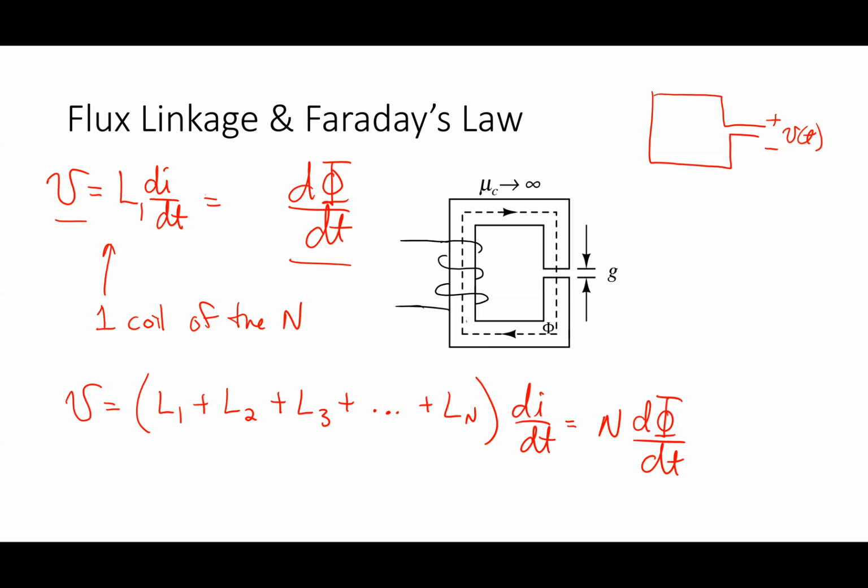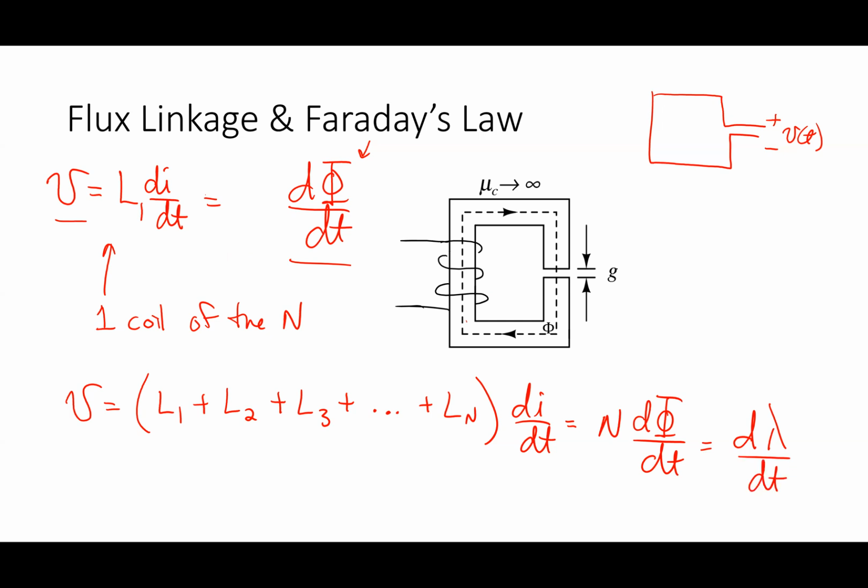Because if d phi by dt is the voltage on one coil, if I have a bunch of coils in series, I add the voltage of each one. So it becomes N times what it is in any one of them, okay? So we write that as d lambda by dt, like that.